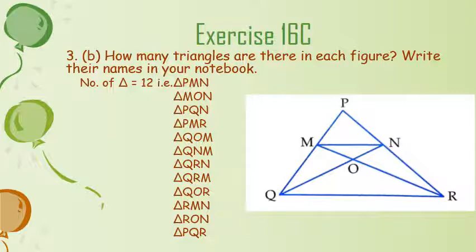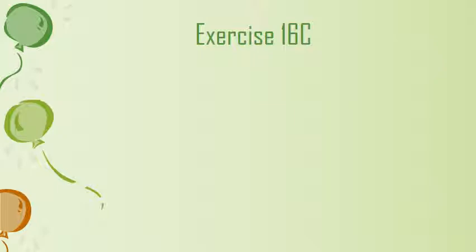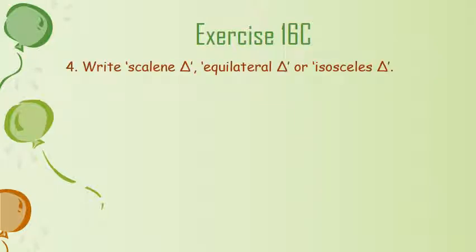Seventh, triangle QRN. Eighth, triangle QRM. Ninth, triangle QOR. 10th, triangle RMN. 11th, triangle RON. 12th, triangle PQR.